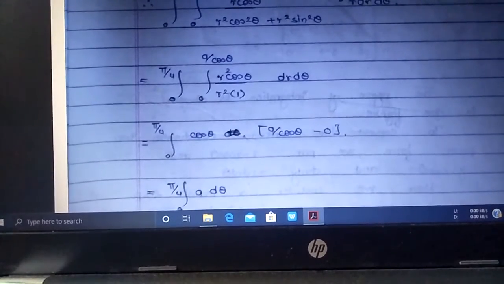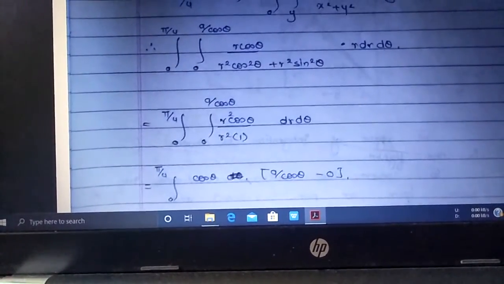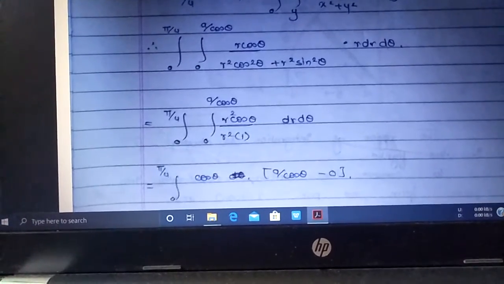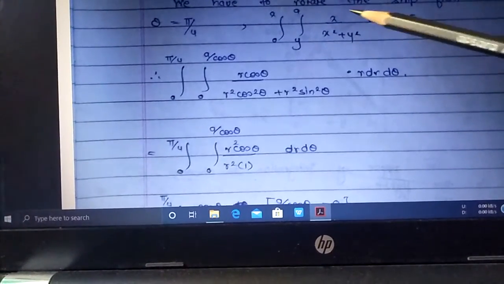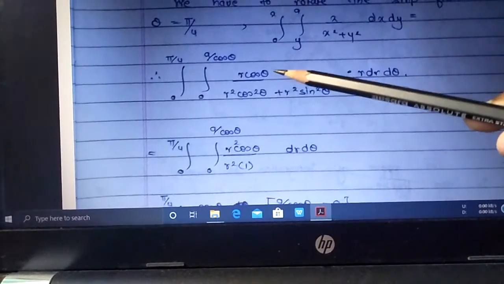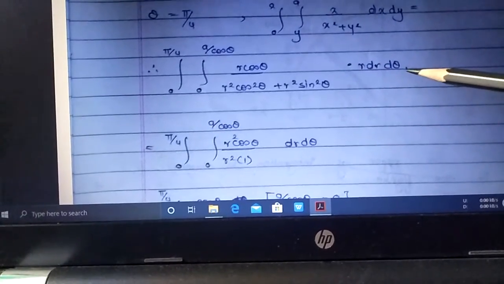So in this case I am writing, substituting the limits, double integration 0 to a. This is the given integration 0 to a, y to a, this function. Now in this case substitute x equal to r cos theta, x square is r square cos square theta, y square is r square sin square theta, and instead of dx dy put r dr d theta.